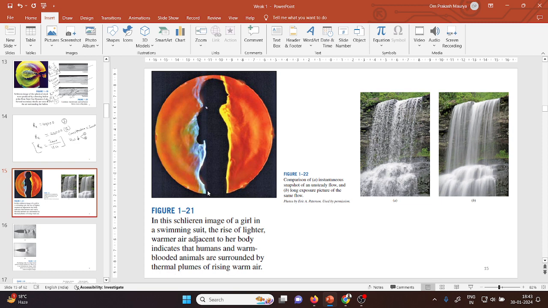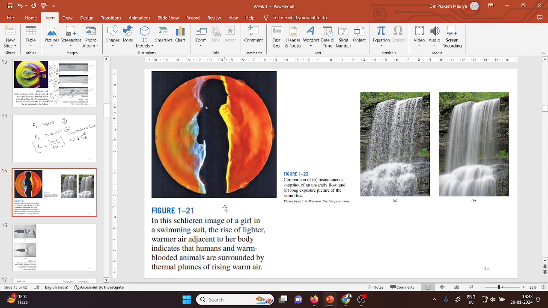The picture is the same, the conditions are the same, everything is the same. But if you take the picture from far, you will see what looks like laminar flow, though it is not actually laminar. Whether it is laminar or turbulent, after visualization you can easily tell. This is only a qualitative understanding, so from a very far distance you cannot tell whether the flow is laminar or turbulent.